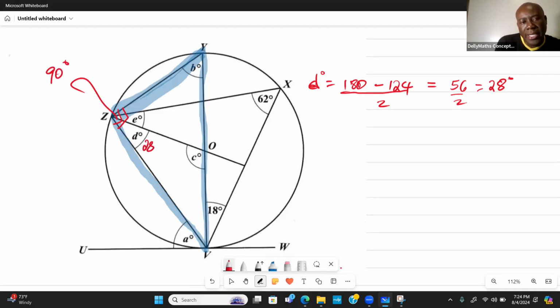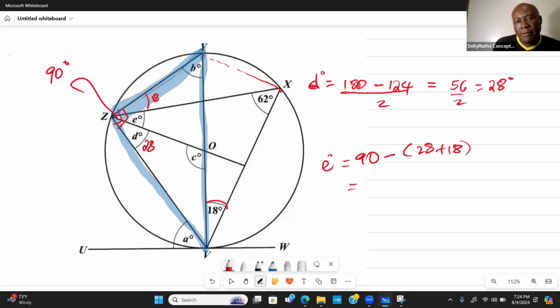We just found out that this is 28. Now, this angle here is actually in the same segment as 18. Take a look at 18. This would have been the chord for them right here. So this is also 18. If we look at it from that angle, then 90 degrees take away 18 plus 28 would have given us E. So we can find E by saying 90 degrees was there, and then I'm going to sum the 28 plus that 18.